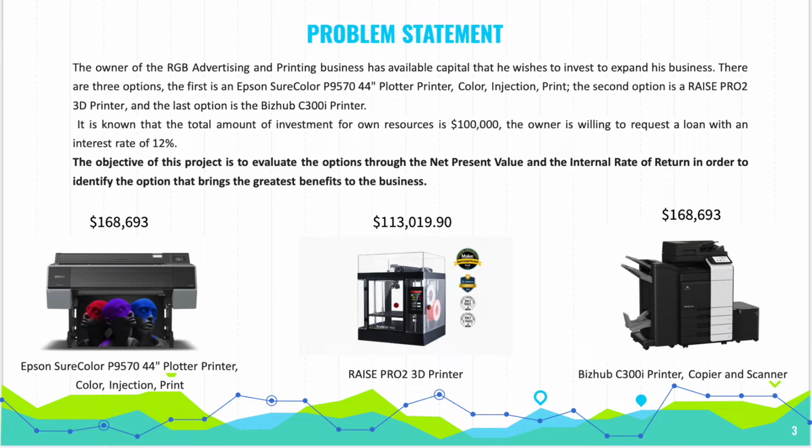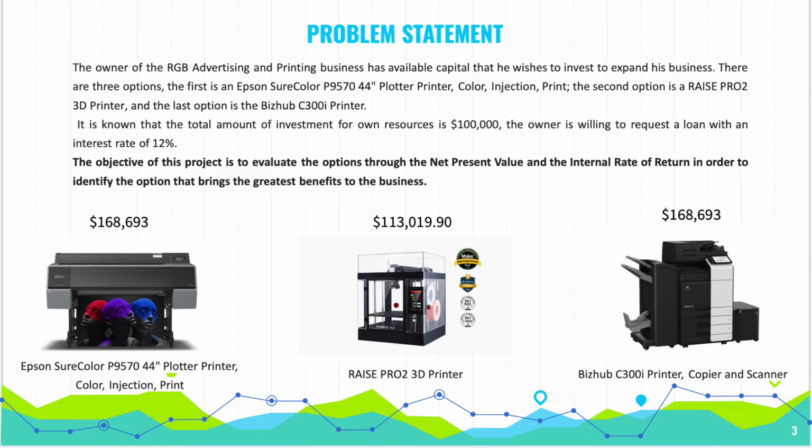The second option is a Raise Pro 2 3D printer that you will use to offer new services and be one of the few small businesses that have a printer of this caliber. And the last option, but not least, is the Bizhub C300i printer, copier and scanner that will help you reduce waiting times and increase the normal copy of print orders.